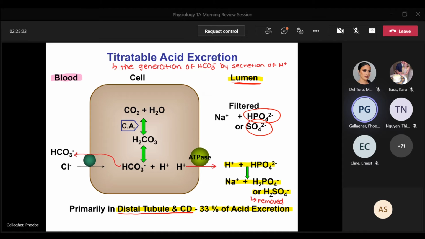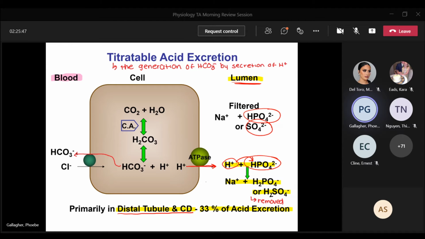And so this filtered phosphate buffer and the sulfate are going to be responsible for picking up protons as they're pumped out. So your ATPase pumps out protons like usual. And these protons are going to be picked up by, in this example, the phosphate buffer. And it's going to make it such that the proton is stuck to this phosphate buffer.